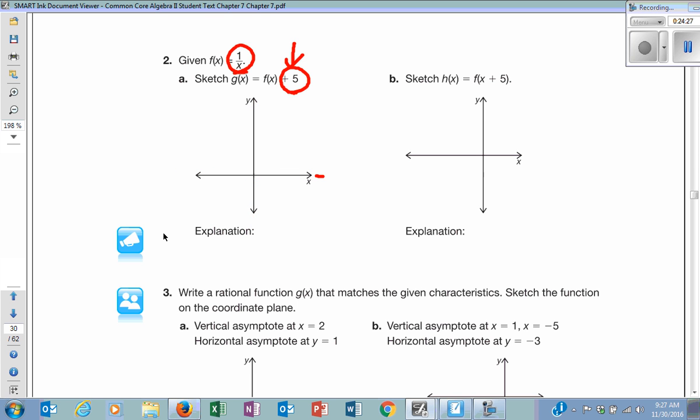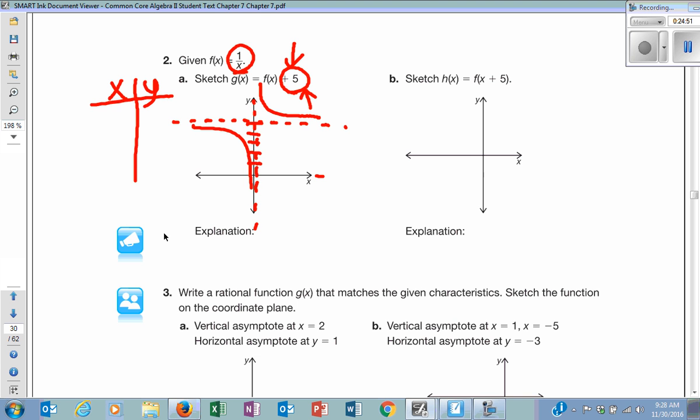So my vertical is going to still be the same. But instead of the horizontal asymptote being at 0, it's going to be at 5. 1, 2, 3, 4, 5. And that's where my asymptote is going to be, and then boom, everything else is the same on this graph. That would be a quick sketch. Remember, if you can't figure that out, just make an x and y chart.